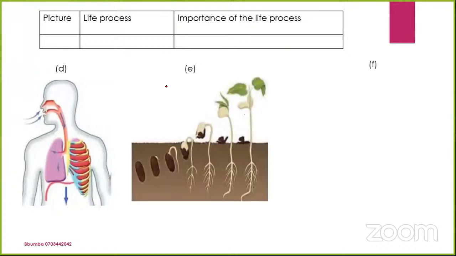What about E? Which life process is that? Joseph N. That is what? Growth. Yeah, that's actually correct. That's growth. You can see the bean is germinating as it is growing.